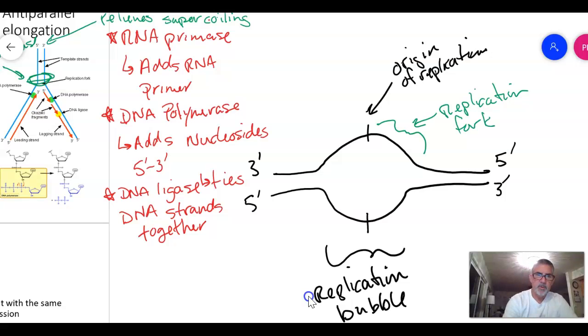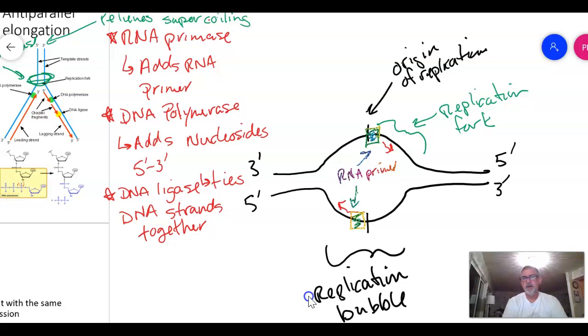So it's read 3 to 5, and I would get an RNA primer. And I'd have another RNA primer right there. Now my replication is going to go in this direction.